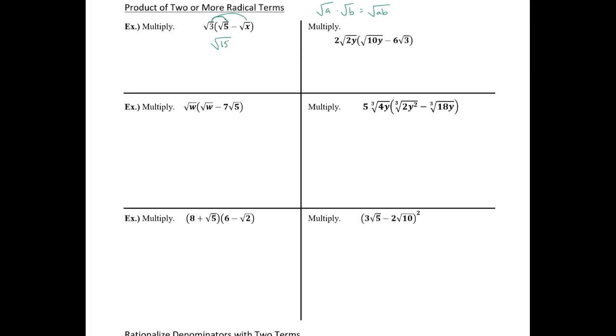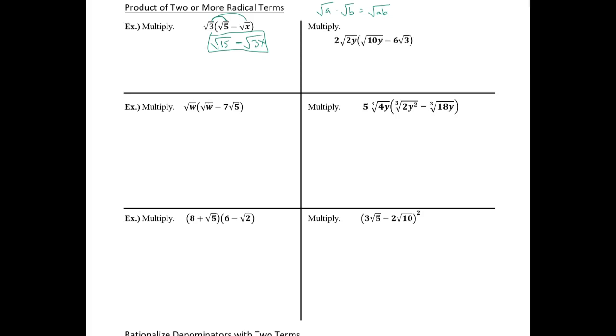A positive square root of 3 times a negative square root of x will end up negative square root of 3x. We check to see if there's anything we can simplify, and there's no reducing of the radicals, there's no like radicals. That's as far as you can go.